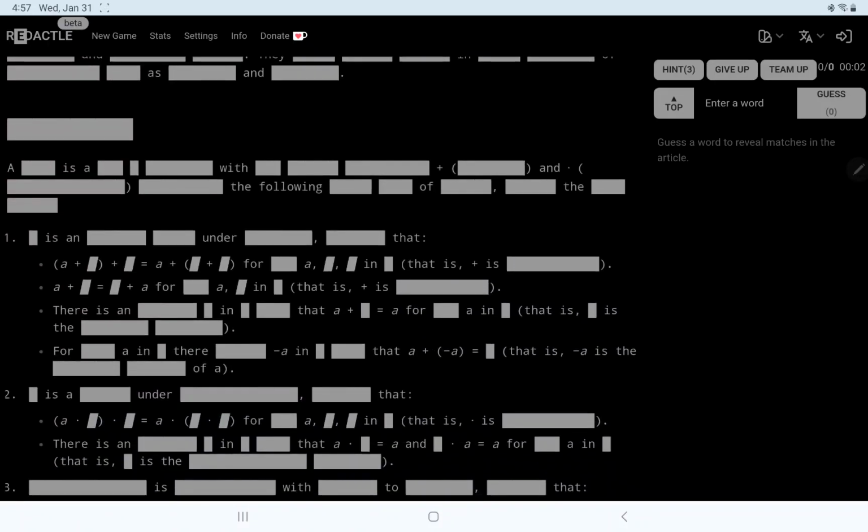Aha, now we're getting into the meat of it, I think. Something is an 7, 5 under 8, not provided that A plus B plus C, something for all A, B, C. So this is, I suppose, that the order in which you do it.